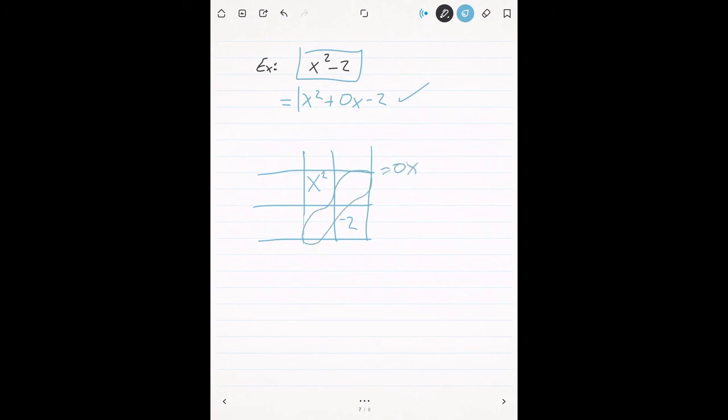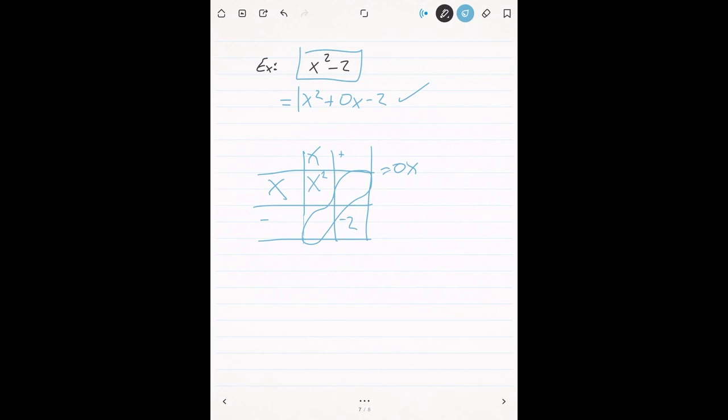So what multiplies to get us x squared? X and x. What multiplies to get us negative 2, but adds to get us 0? Let's see. If this needs to multiply to get us negative 2, but whatever we put there better add to cancel out, well, one of these things better be positive and one of these things better be negative. And it has to be the same thing.